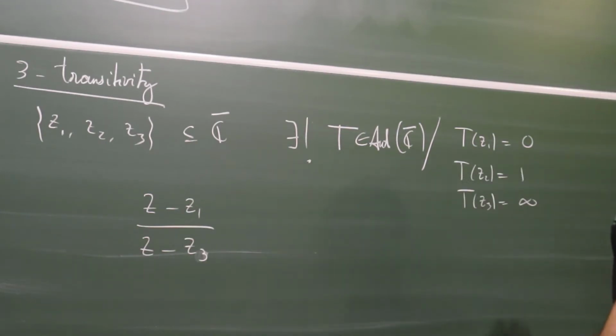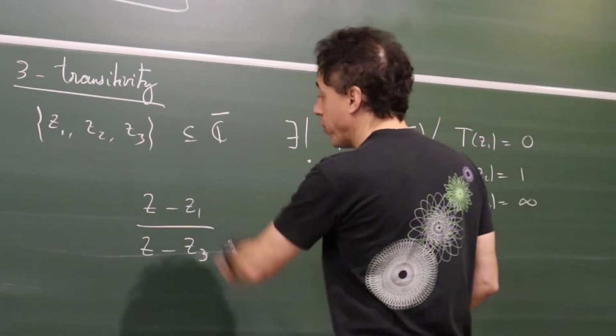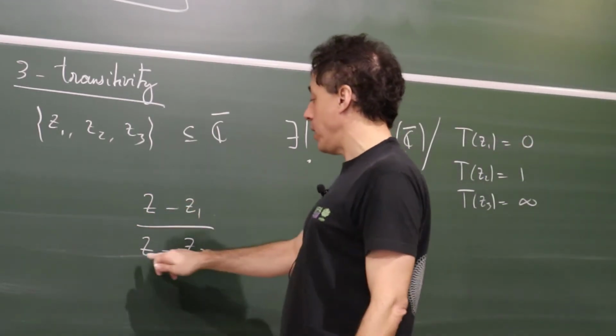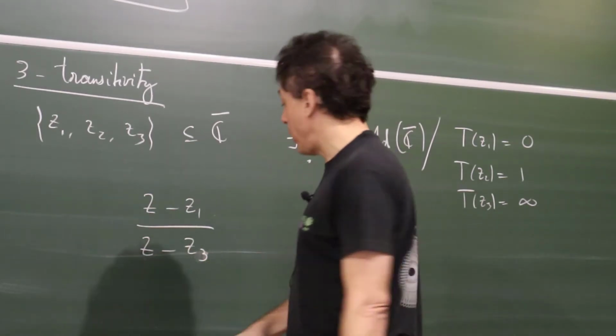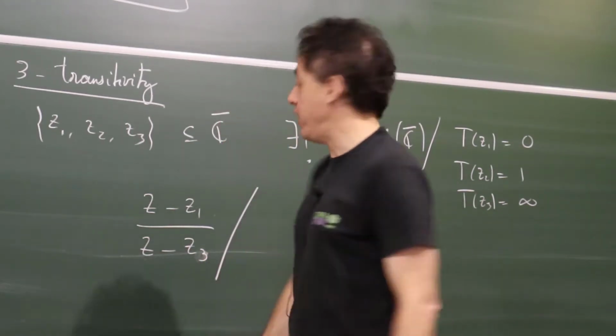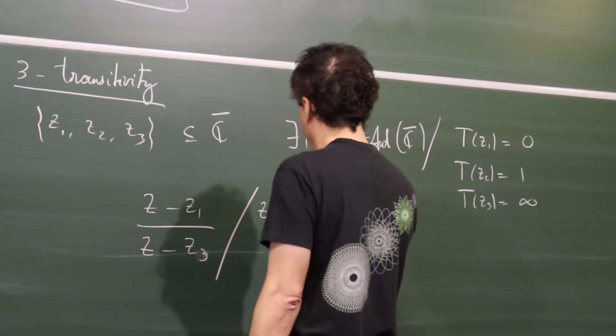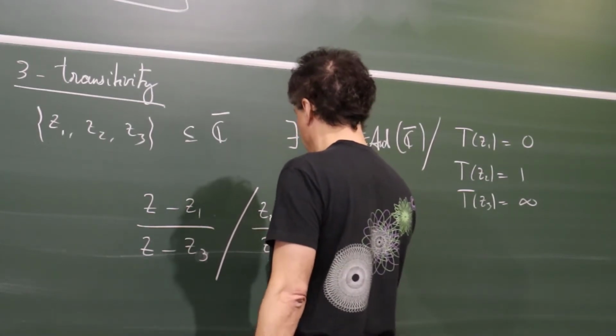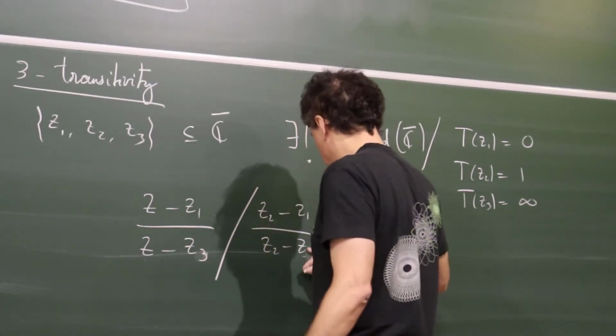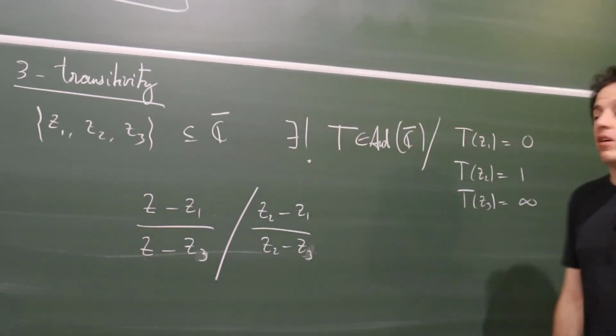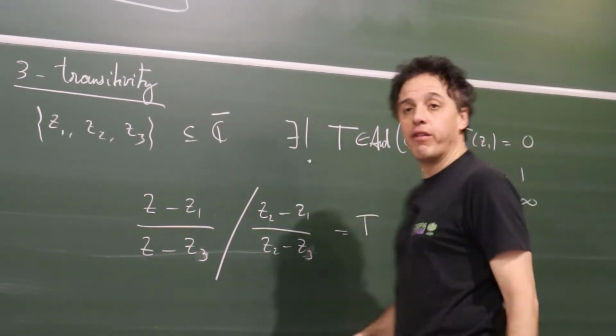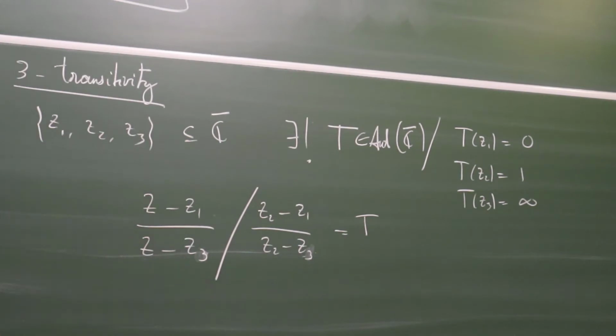And now, if you want to take Z2 to 1, the value at Z2 is Z2 minus Z1 over Z2 minus Z3, so you can divide by this number, which is a constant. So this Möbius transformation verifies the statement. So there is at least one Möbius transformation that verifies that.